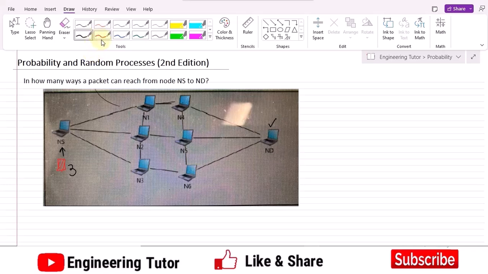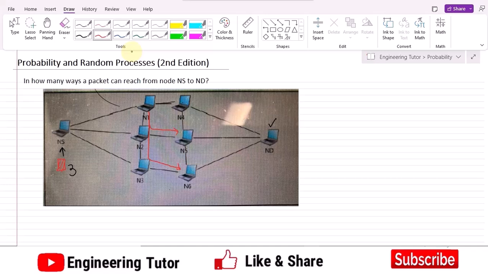Similarly, this another choice, let me draw it with this red, from N1 to N2 to reach N5, and similarly this choice with which it will reach from N1 to N6. Okay, so these are basically the three choices when it reaches here.